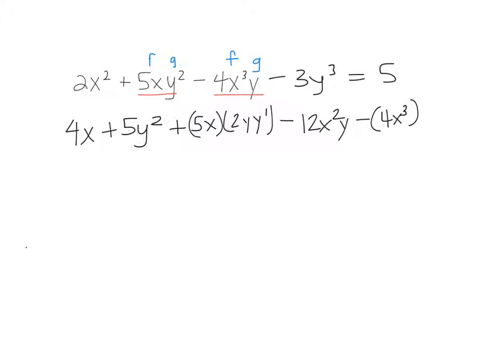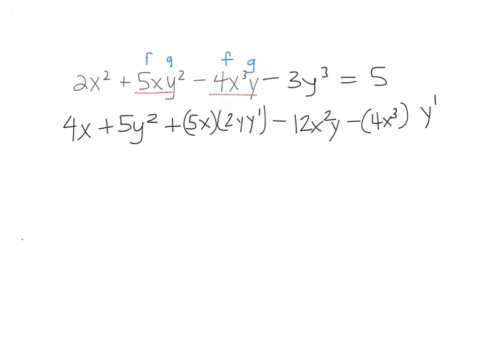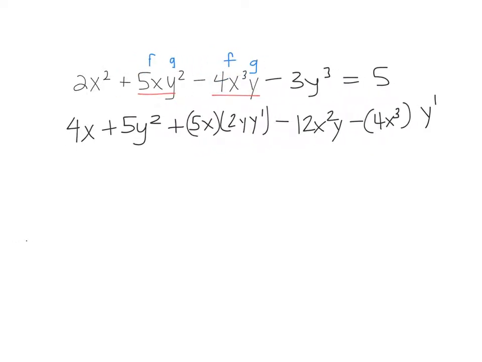So you can see how long it's getting now. I don't have enough room, so I'm just going to do it underneath. The final part, minus 3y cubed, would become minus 9y squared y prime, equals 0.